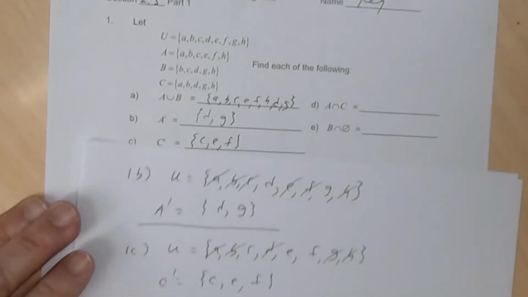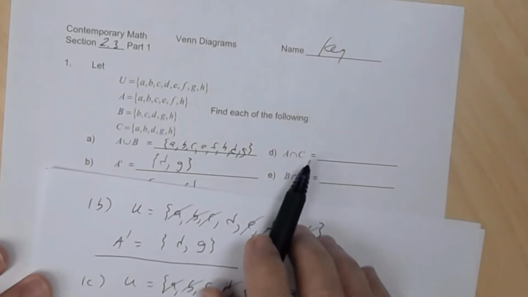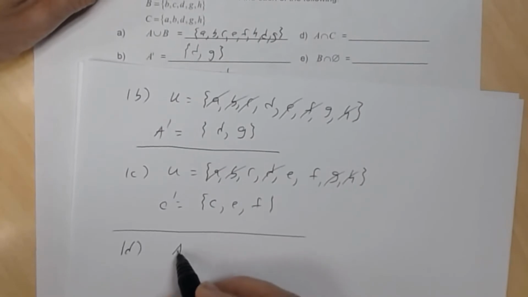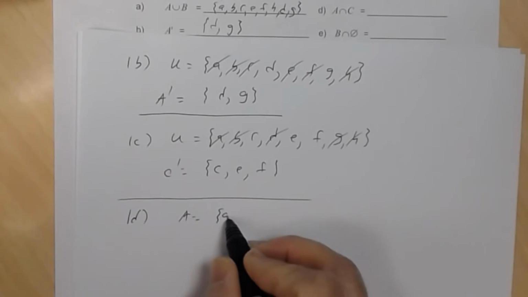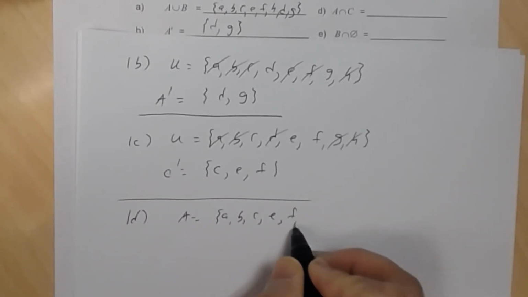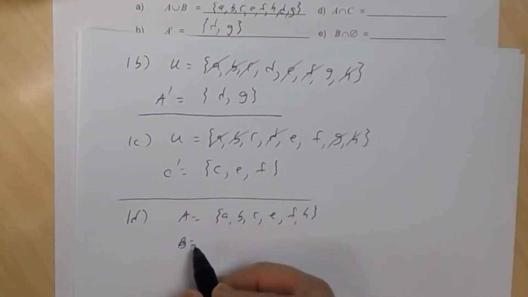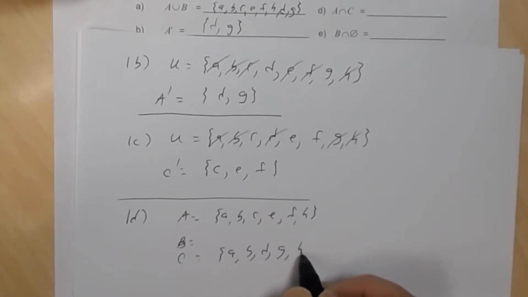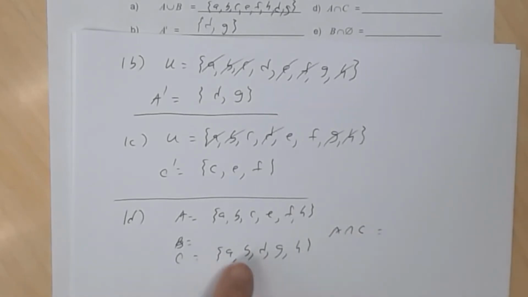All right, now 1D says this. What's the intersection of set A and set C? What I would do is write set A out. So set A is A, B, C, E, F, and H. And set C would be A, B, D, G, and H. Then A intersect C would be what elements do these two sets have in common?